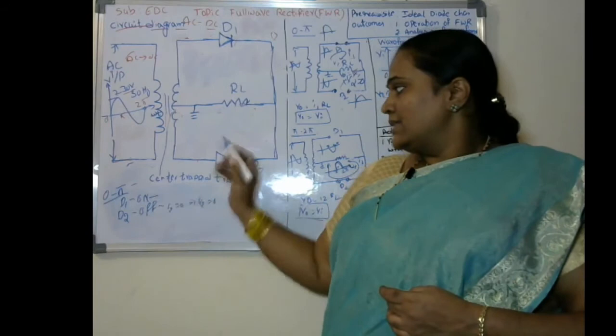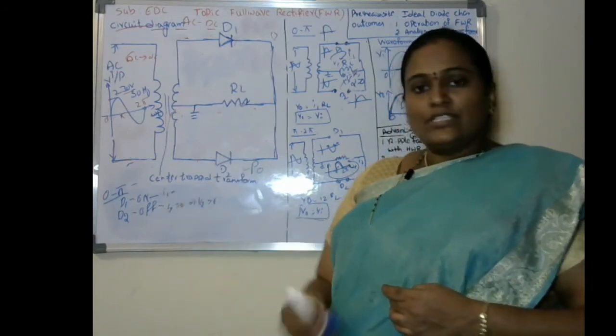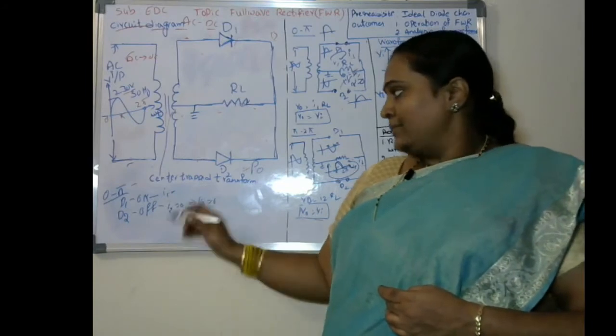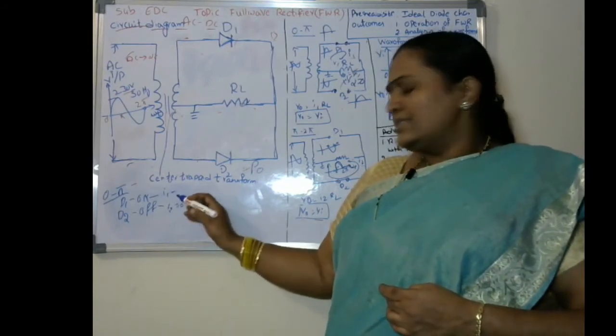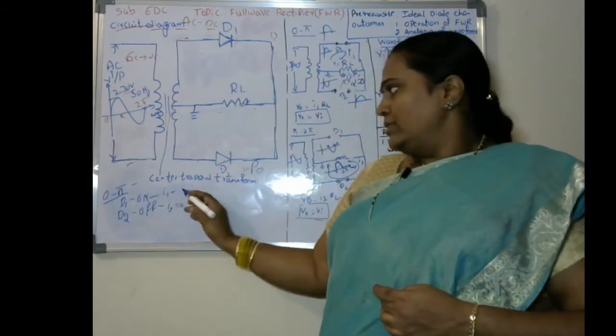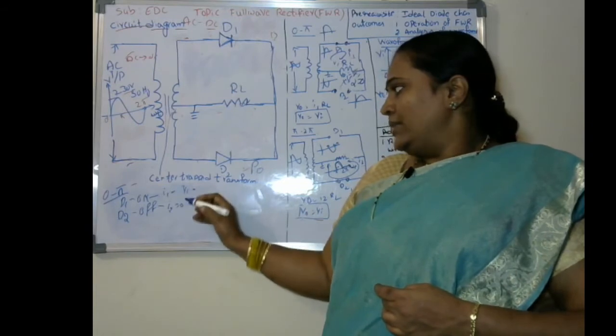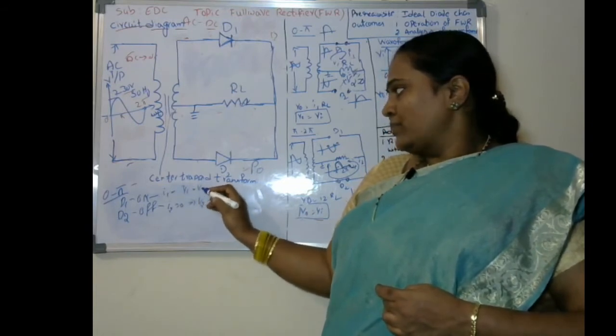And in this case, the current exists for D1 since it is in the on condition. The resistance of the ideal diode is 0, so no drop will be there, and the voltage V1 will be equal to Vi.